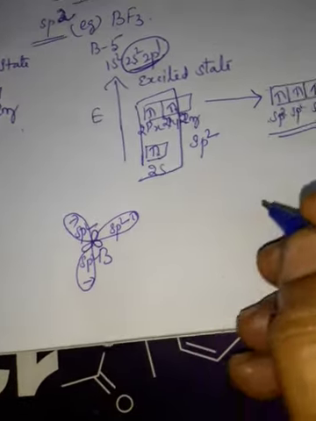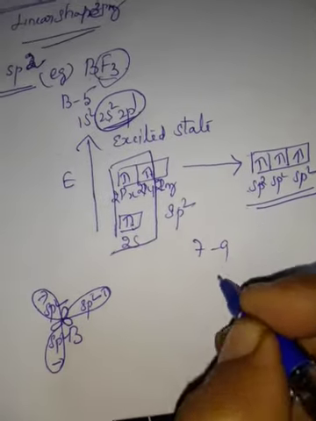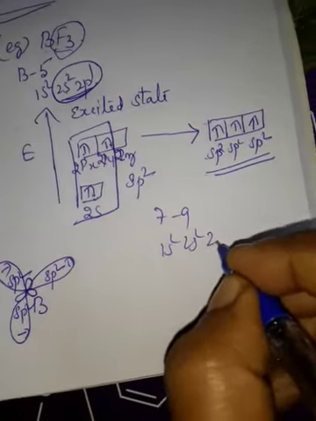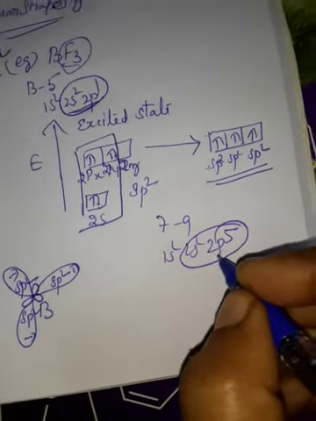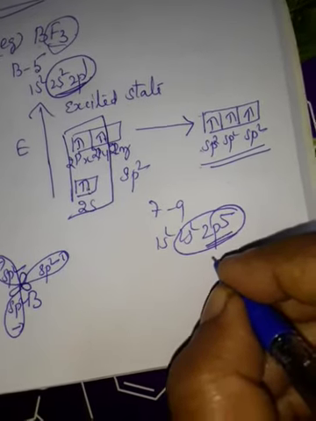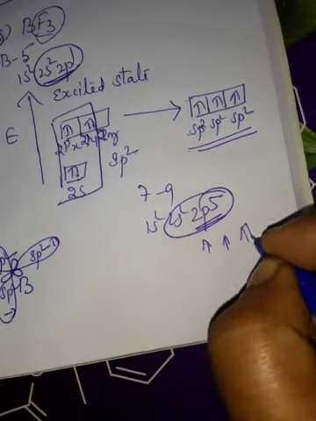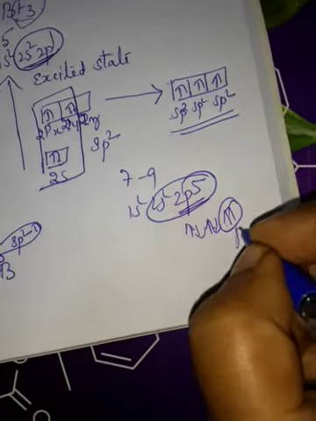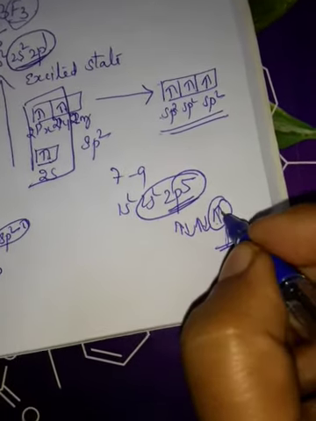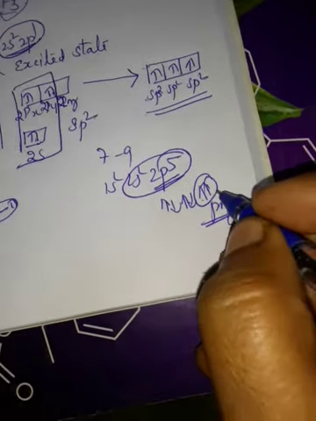Now fluorine, 3 fluorine atoms, atomic number 9, 1s2, 2s2, 2p5, outermost 2p5, px, py, pz, 3, 4, 5. Pz is having only 1 electron, so it forms a covalent bond with this pz orbital.